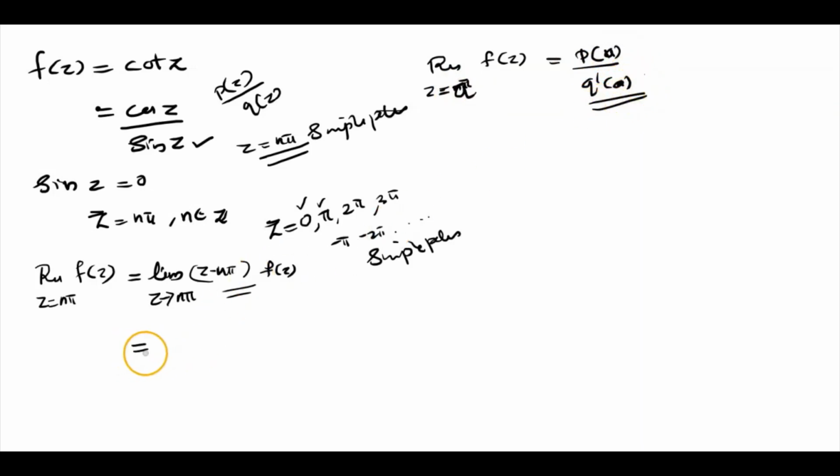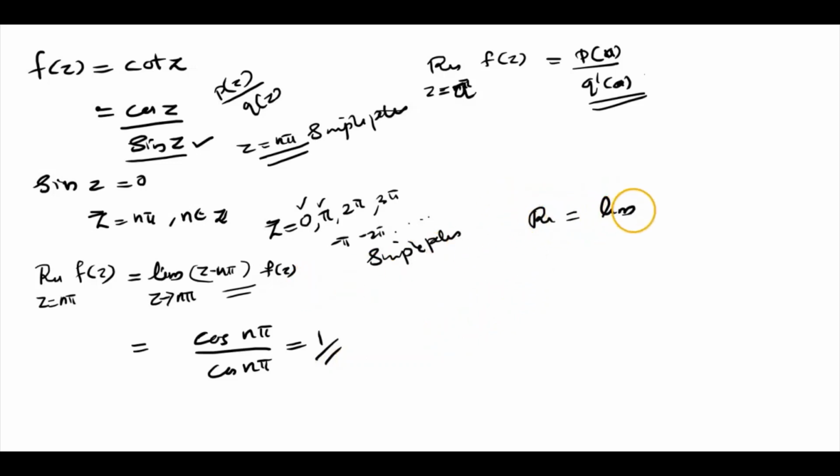So here we can use this formula. Now p(a) means cos nπ, divided by the derivative of sin z, that is cos z, and putting z = nπ, this is cos nπ. That means 1 is the residue.